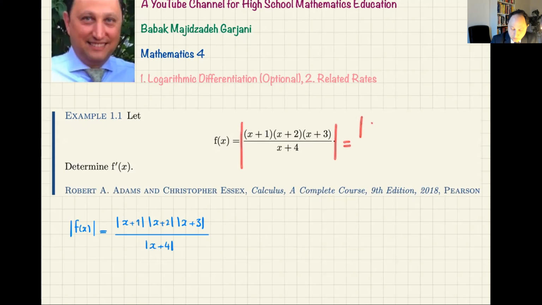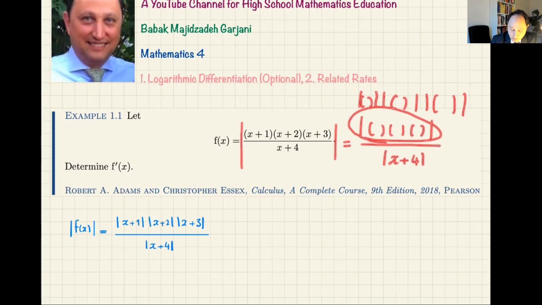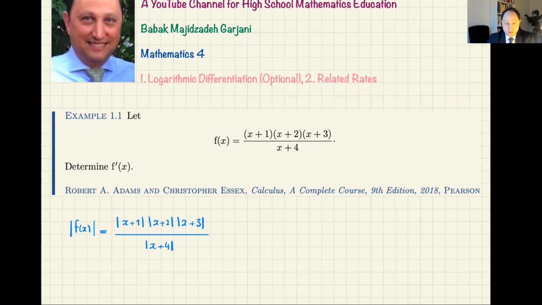It becomes absolute value of the numerator divided by absolute value of the denominator. But then again, the absolute value of the product becomes absolute value of the first bit, absolute value of the second one, absolute value of the third one. I did it in one go actually here. So that is reasonable. The reason that I am doing this is because my goal is to take ln from both sides.